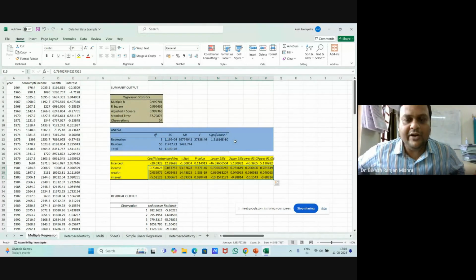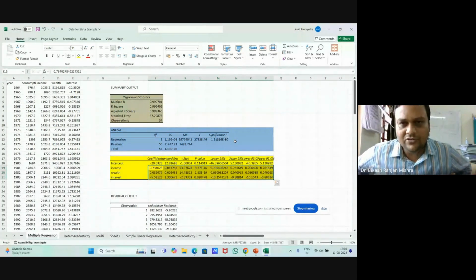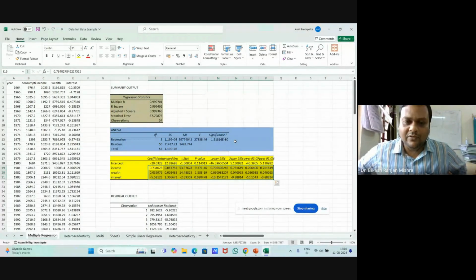Because I do not know whether it is for a district level analysis or state level analysis or maybe one individual's analysis or whatever. So depending on whatever information is known to us, you can say that whosoever is the respondent, if his or her income increases by 100 rupees, then 73.4028 is the increase in consumption. If you are not comfortable with that, just say that if there is a 1 rupee increase in income, then there will be an increase in the consumption by 0.734028. Is it clear?